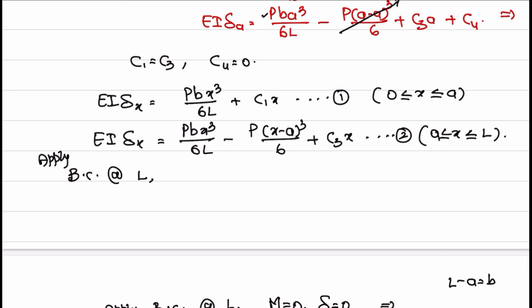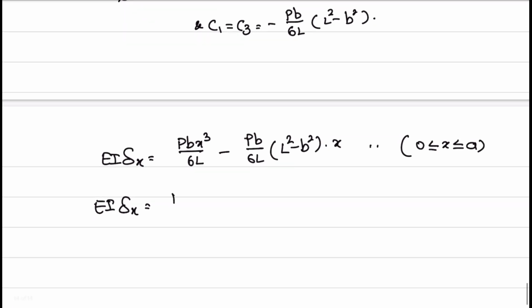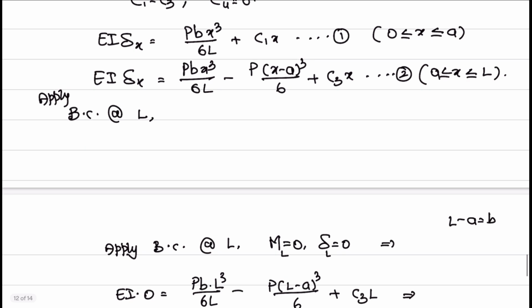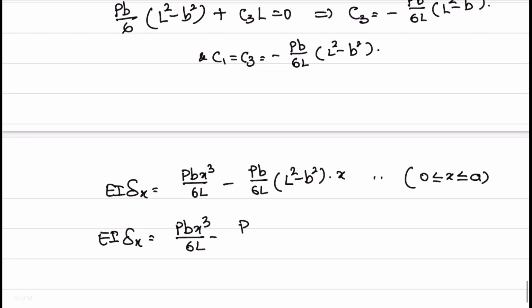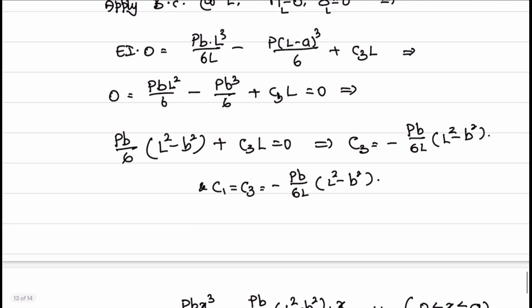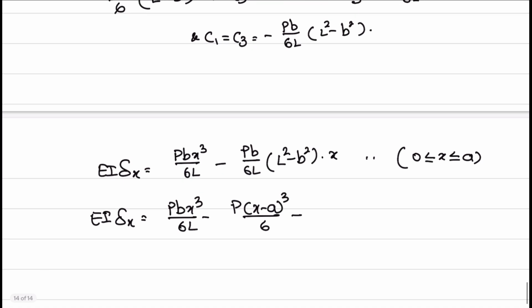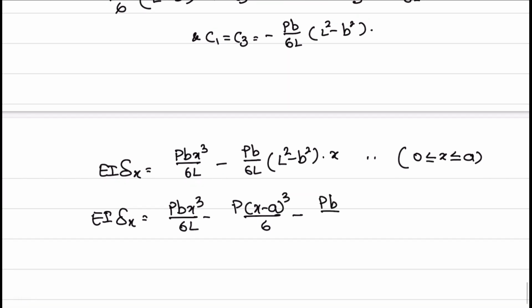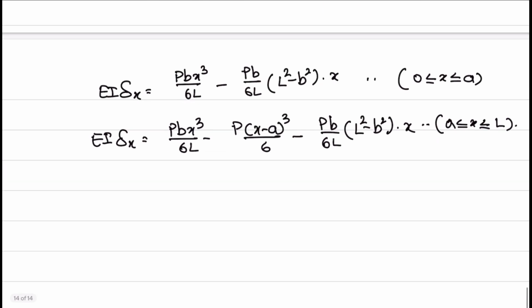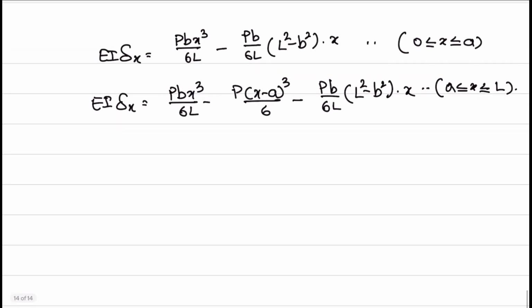We have to write C3 value, PB x cube by 6L minus P into x minus a whole cube by 6 minus C4 into x plus C3 into x. C3 value is minus PB by 6L into L square minus B square into x. This is for a is less than or equal to x less than or equal to L. These two equations we have got.